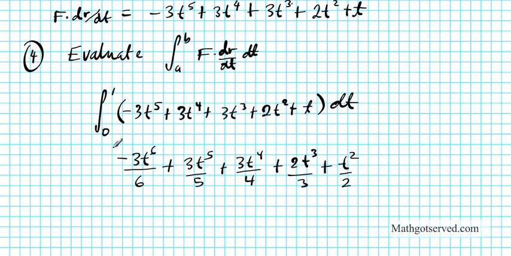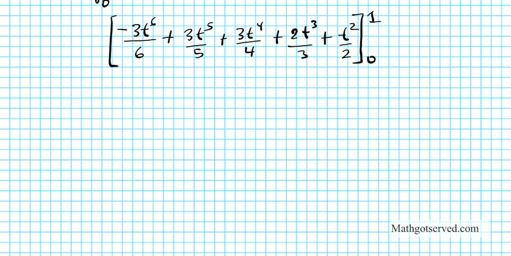Now this entire indefinite integral, we're going to be evaluating from 0 to 1. If I plug in 0, I'm going to end up with 0. All that matters here is what happens when I substitute 1 for my t.